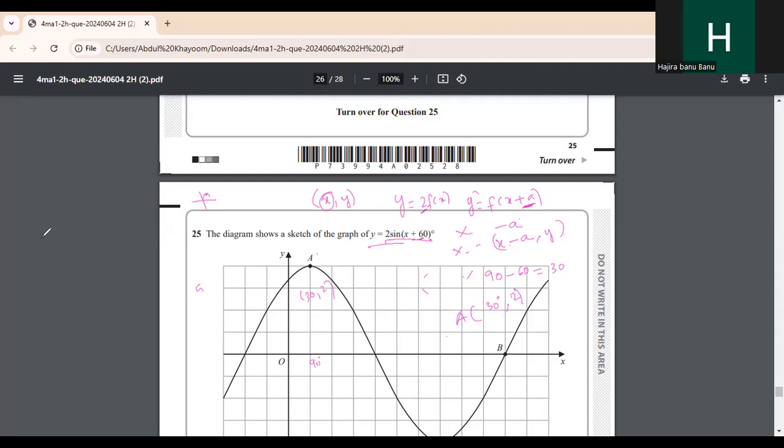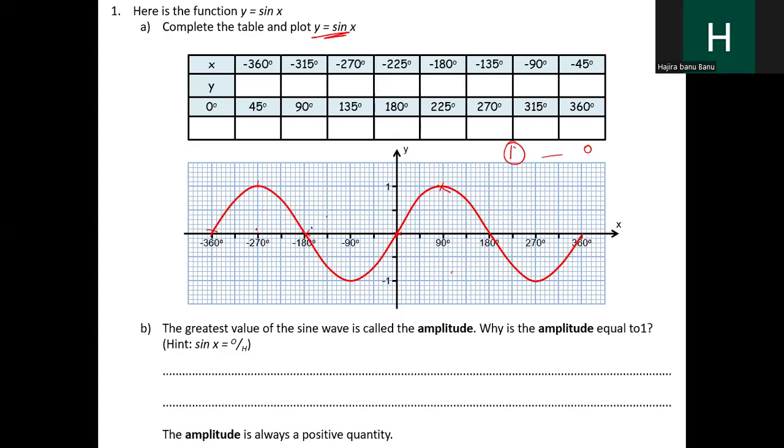I'll repeat the question after showing you the original graph of sine. This is the original graph of y equals sine x. In y equals sine x, for 90 degrees, the value is 1.